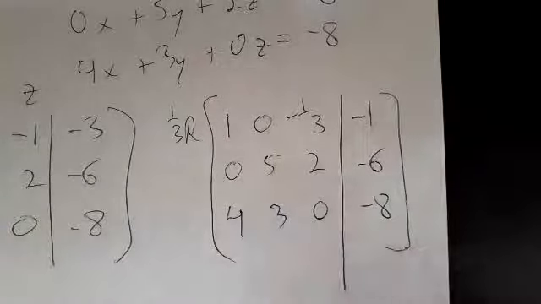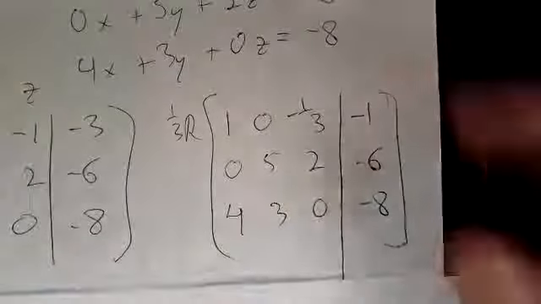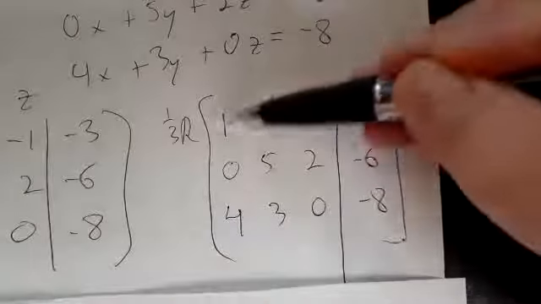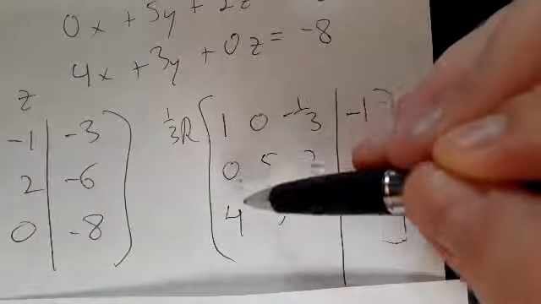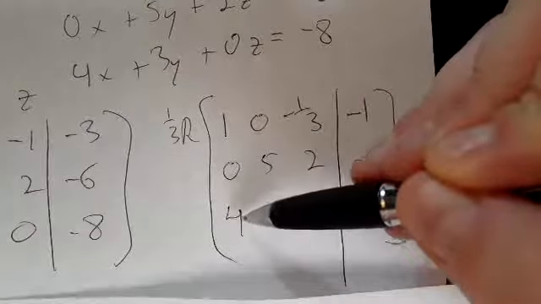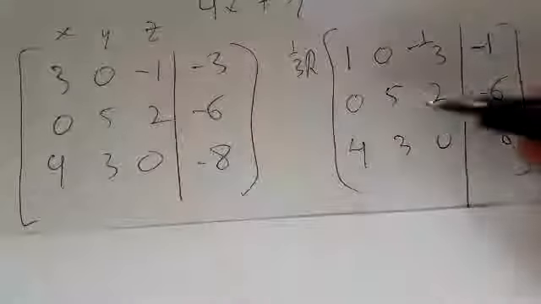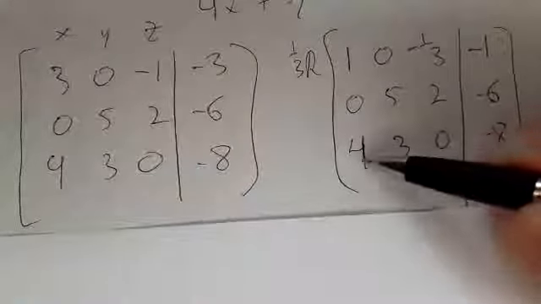So I'm looking at this thing. I want to do row echelon form. I got my 1, I got my 0. Keep going. I need to get a 0 here. How do I do that? I have to add minus 4 to this 4.